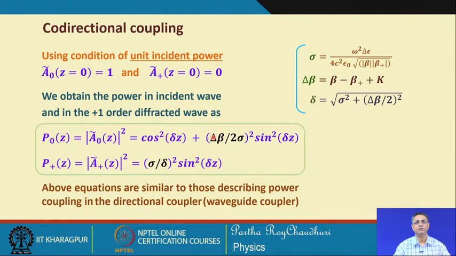So, if delta beta equal to 0, these two equations remind us of the similar equations that were used to describe the power coupling in a directional coupler, and this set of equations are similar to the equations which we used for small Bragg angle.